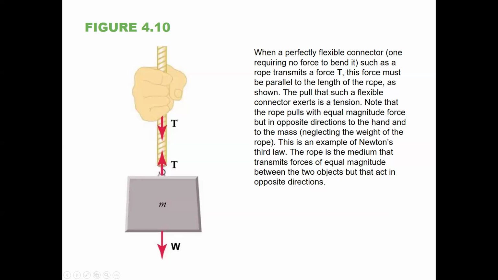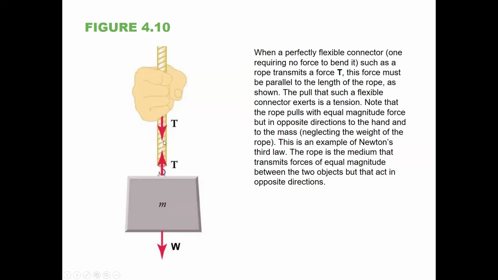So a perfectly flexible connector, one that requires no force to bend it, such as a rope, transmits a force known as T, tension. This force must be parallel to the length of the rope. So the pull that such a flexible connector exerts is the tension. Note that the rope pulls with equal magnitude of force, but in the opposite direction, on the hand and the mass.